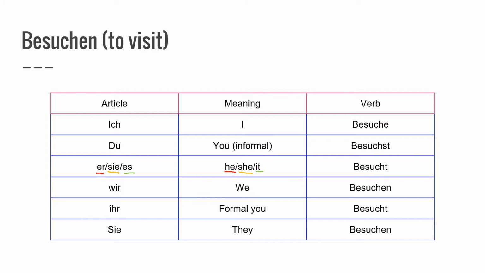Now you can see I've underlined er, sie and es, he, she and it, with different color codes. This is for your convenience. Er is he, sie is she and es is it. I already told you, but still.